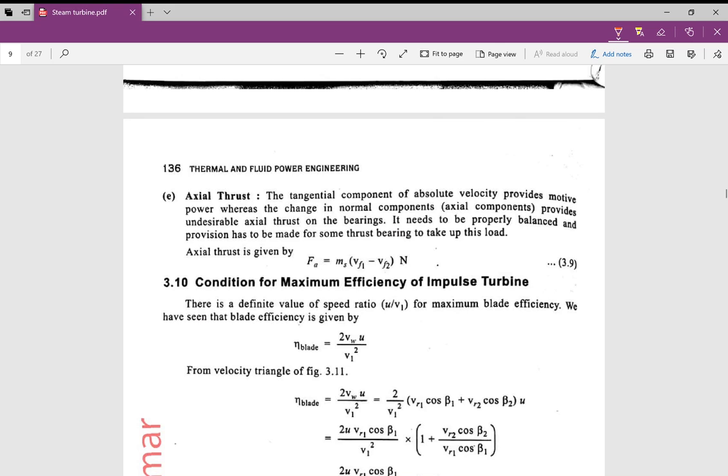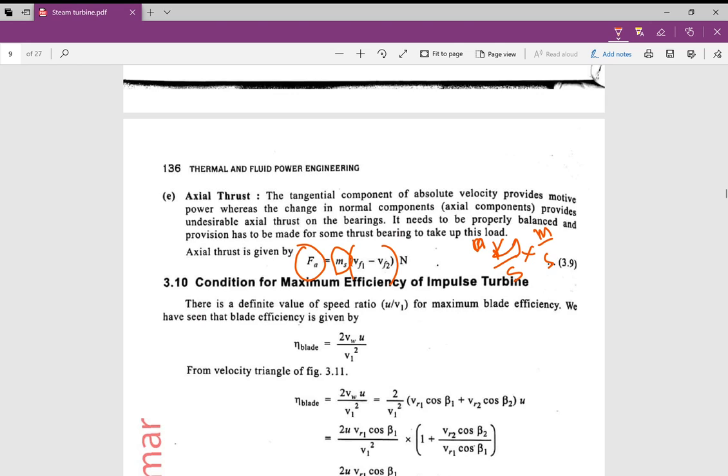Now next one is axial thrust, FA, I told earlier, that is mass into difference again of velocity of flow, Vf1 minus Vf2. Again we can write the unit as Newton, like say ms is in kg per second, and Vf1 minus Vf2 will have unit meter per second.